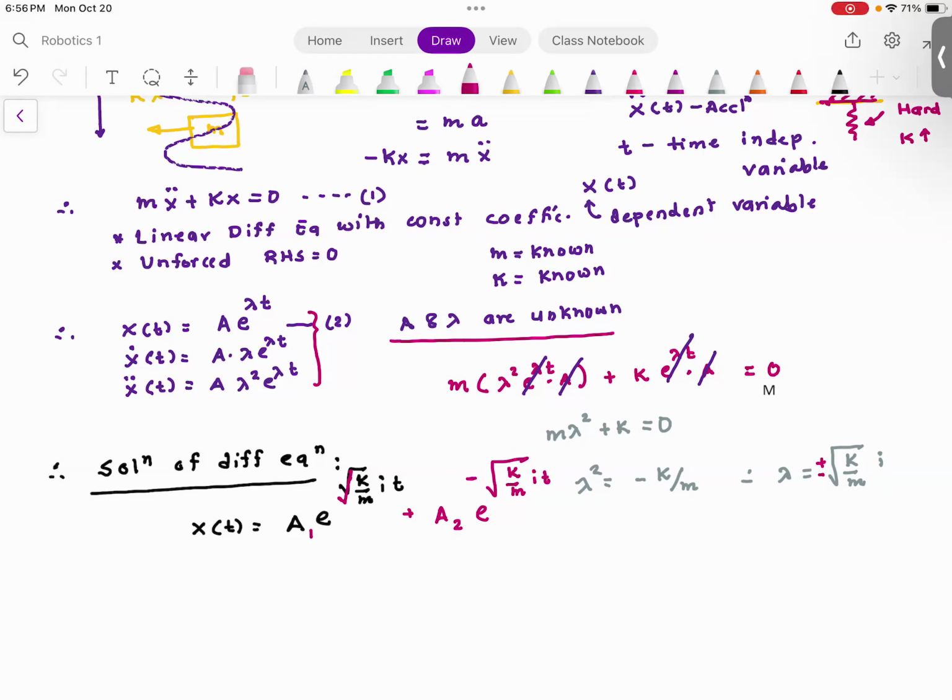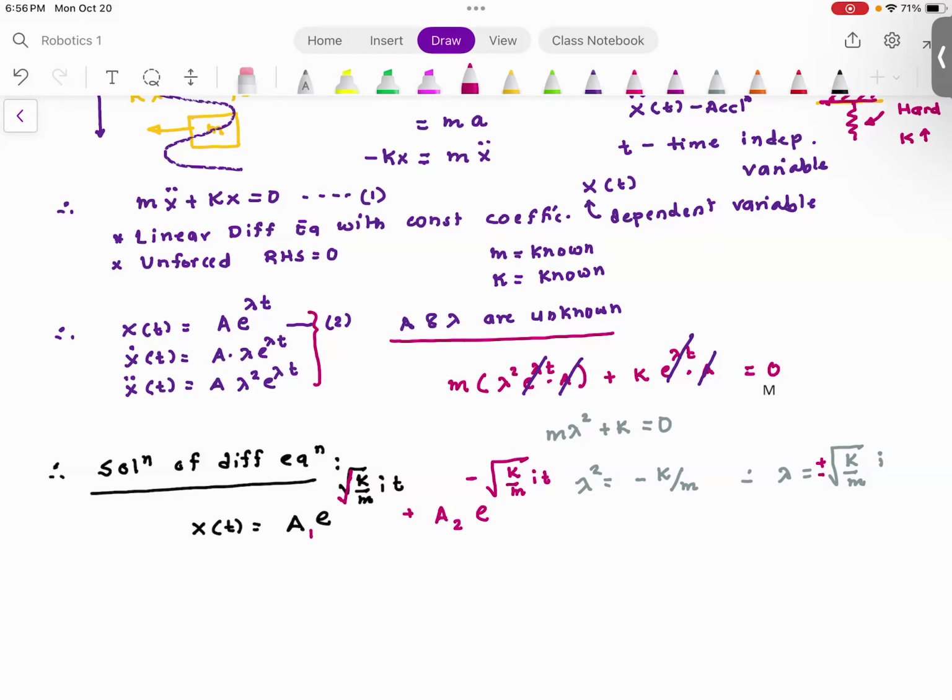The solution that I'm seeing here has some real part and imaginary part. Remember, whenever you are left with a complex solution, separate out the real part, separate out the imaginary part, and the solution will be clear. Remember I said that life is complex. As long as you separate out the real part and imaginary part, you will solve the problem.